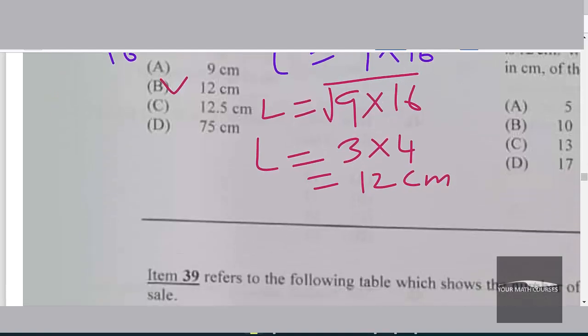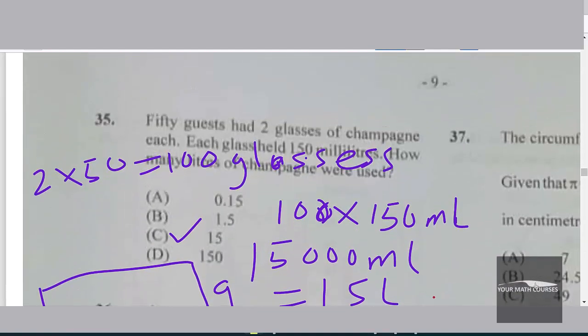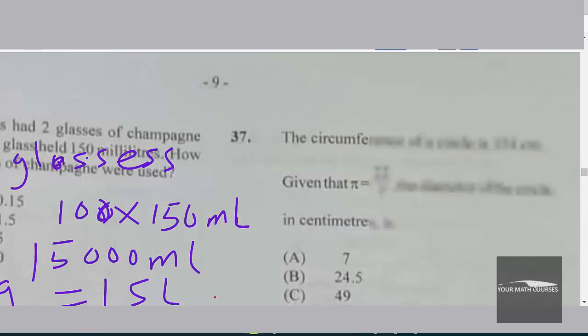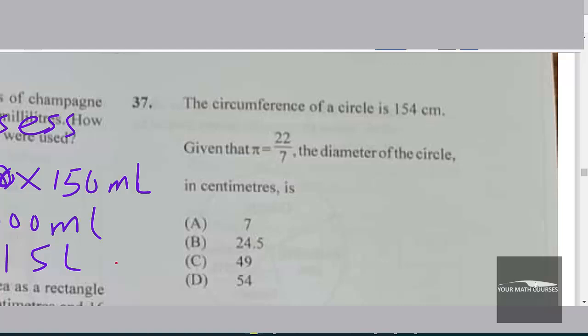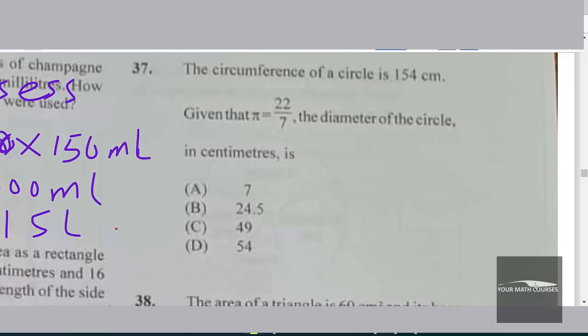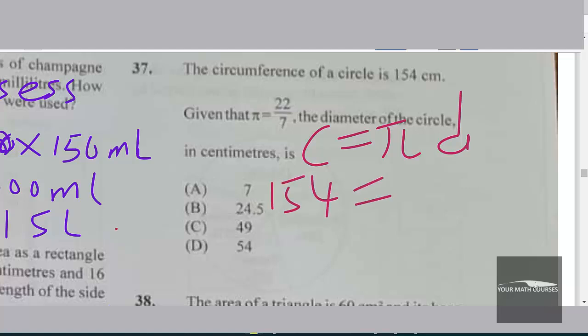Let's look at number 37. The circumference of a circle is 154 centimeters. Given that pi is equal to 22 over 7, the diameter of the circle in centimeters is, so we know that circumference is equal to pi times diameter. We're given 154, so this should be equal to 22 over 7 times the diameter.